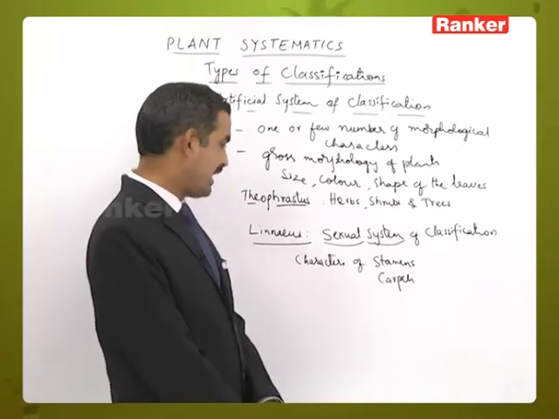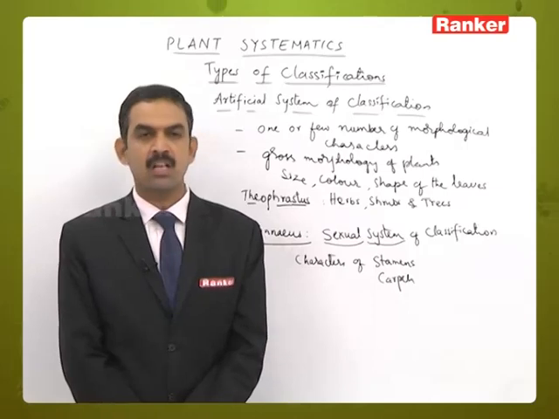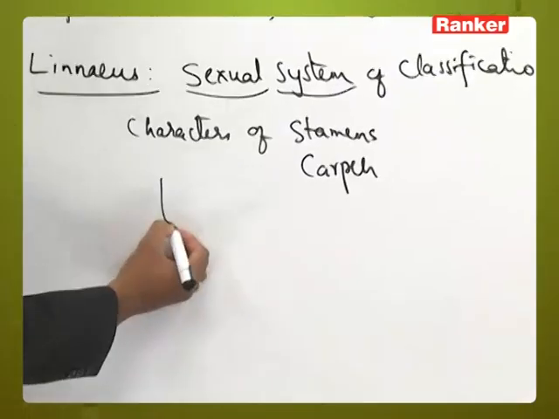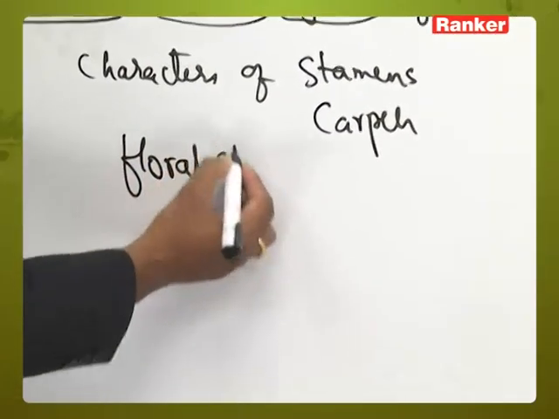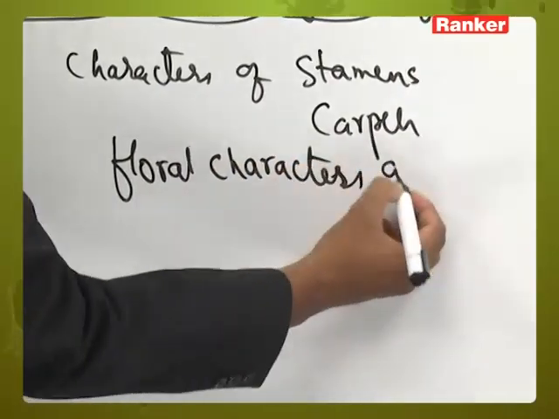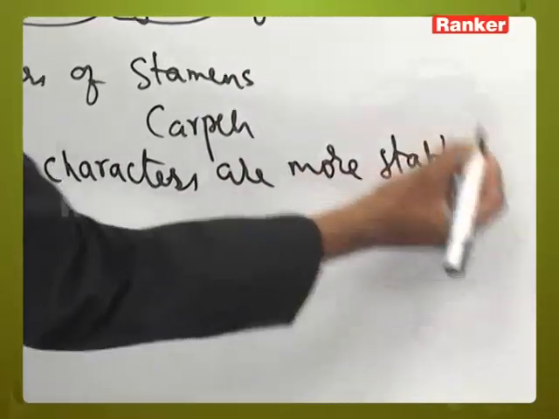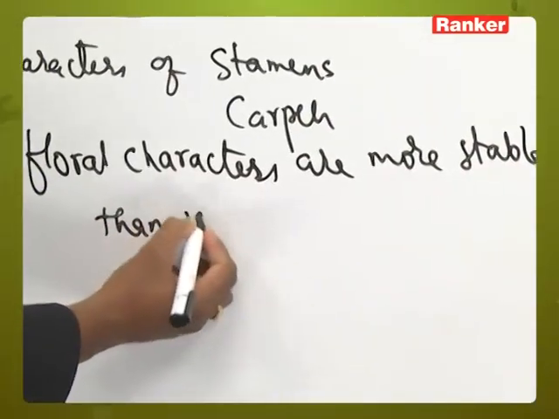Why did he consider only the stamens and carpels for classification? According to the scientist, the floral characters are more stable when compared to vegetative characters.